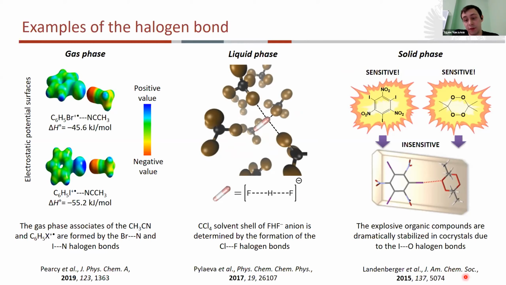Finally, the authors of this work managed to stabilize the highly sensitive and explosive diacetone diperoxide and triiodotrinitrobenzene molecules during co-crystallization by forming non-covalent interactions between peroxide oxygen atoms and benzene iodine atoms, forming infinite chains.